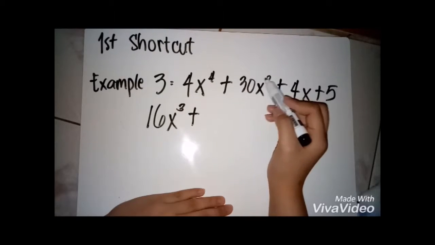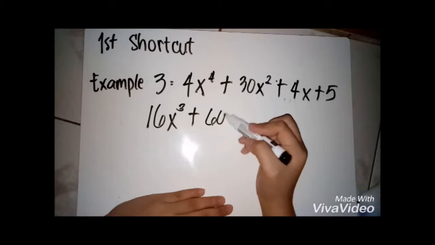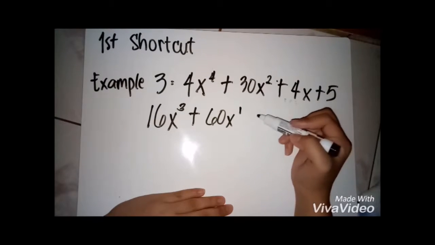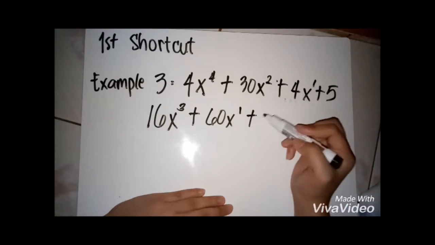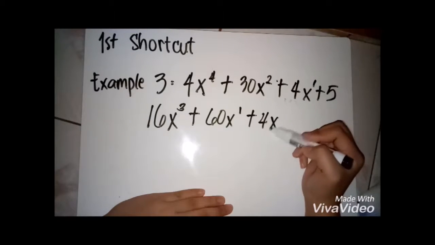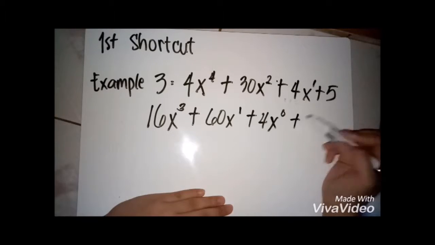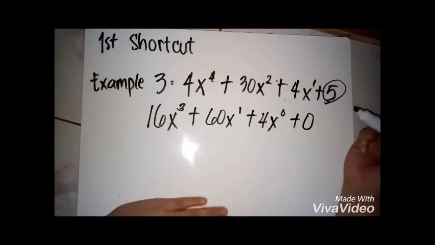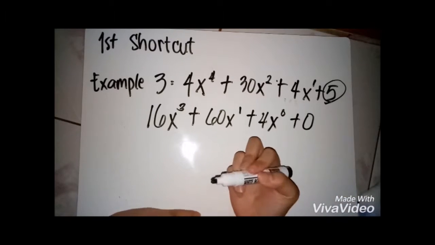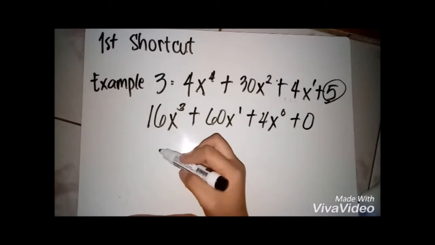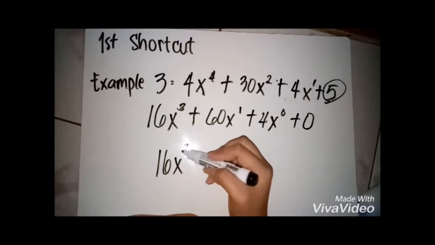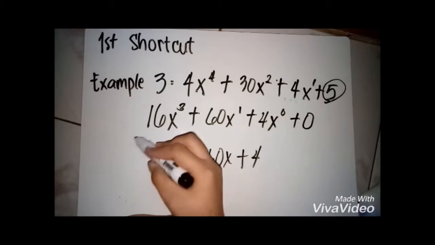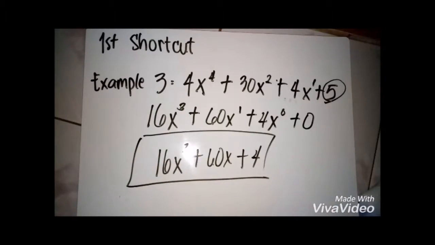Plus 30 multiplied by 2 is equal to 60. Bring down x. 2 minus 1, we have 1. Then plus 4 multiplied by 1, we have 4x raised to 0. Plus, because it is constant, we just write 0. So, our answer will be 16x cubed plus 60x plus 4. That's the final answer.